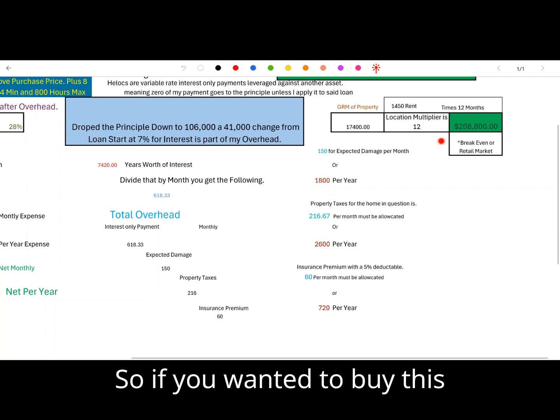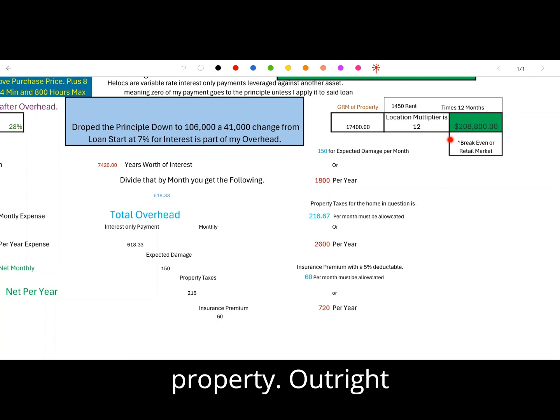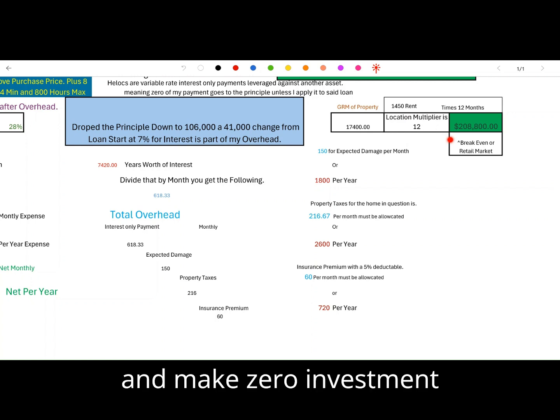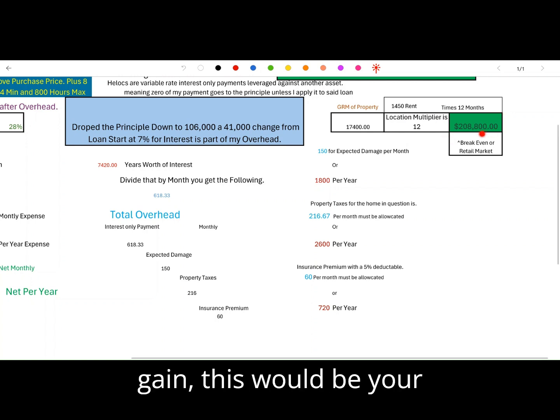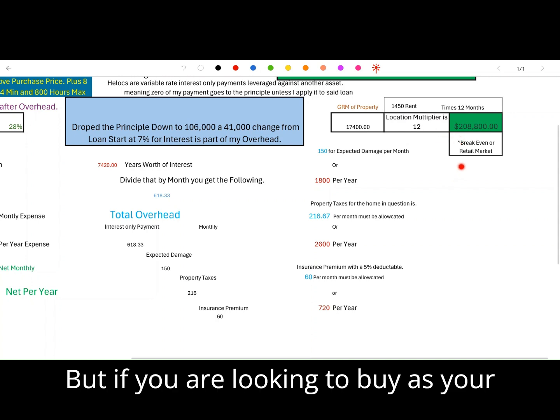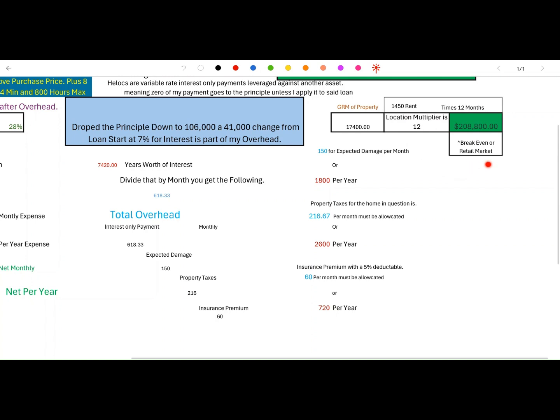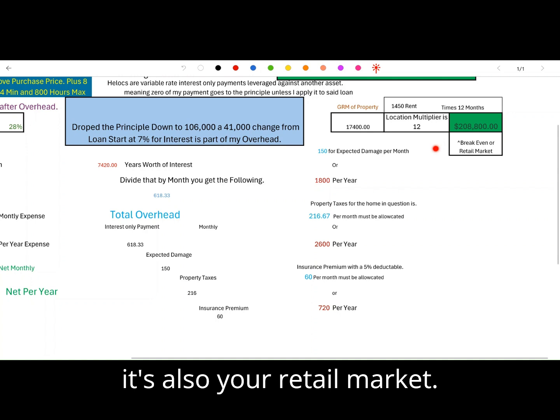So if you wanted to buy this property outright and make zero investment gain, this would be your price. But if you are looking to buy it as your personal property, it's also your retail market.